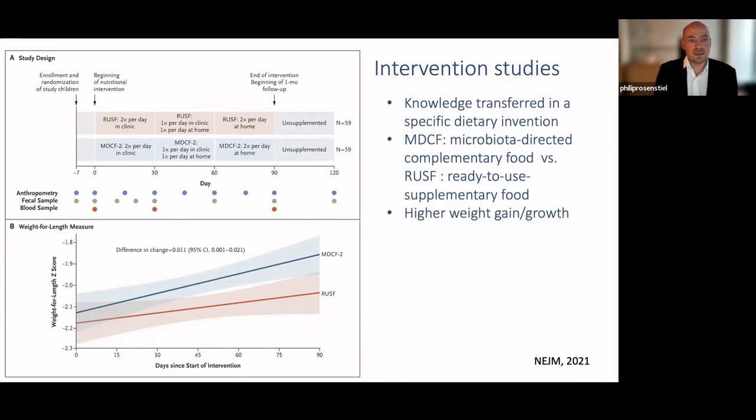This was a recent paper published in the New England Journal, also under the guidance of Jeff Gordon, where this knowledge was transferred into specific dietary interventions. Ready-to-use supplementary food was compared to microbiota-directed complementary food with very simple ingredients, aiming to reestablish the balance here and to overcome the outgrowth of the pathobionts.